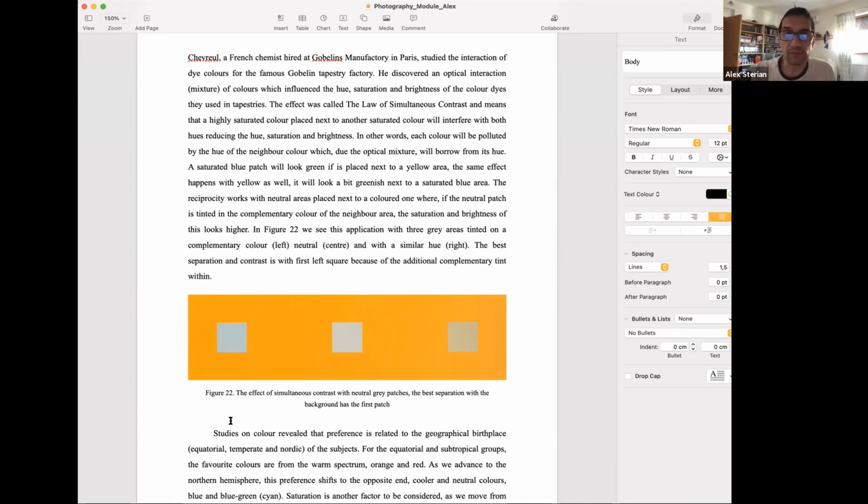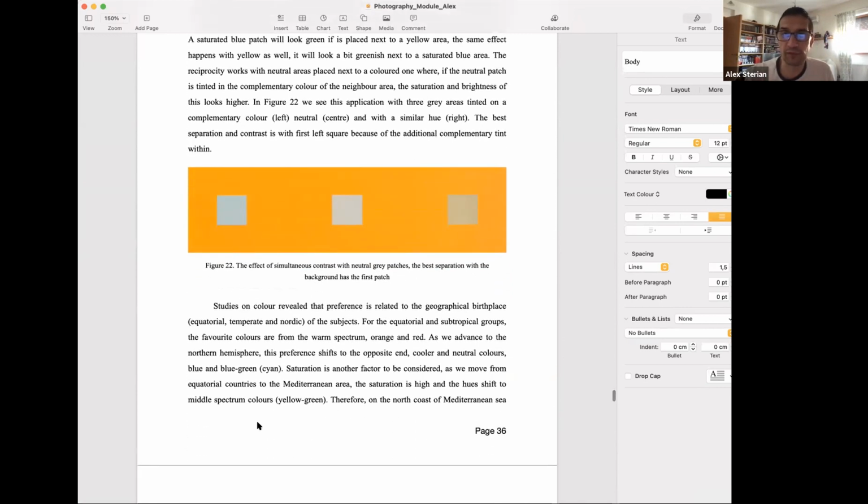And he was studying this, and he realized that if we want to make a little patch stand out from, let's say, the background we see that patch on, we have to make it a hue in its complementary color.